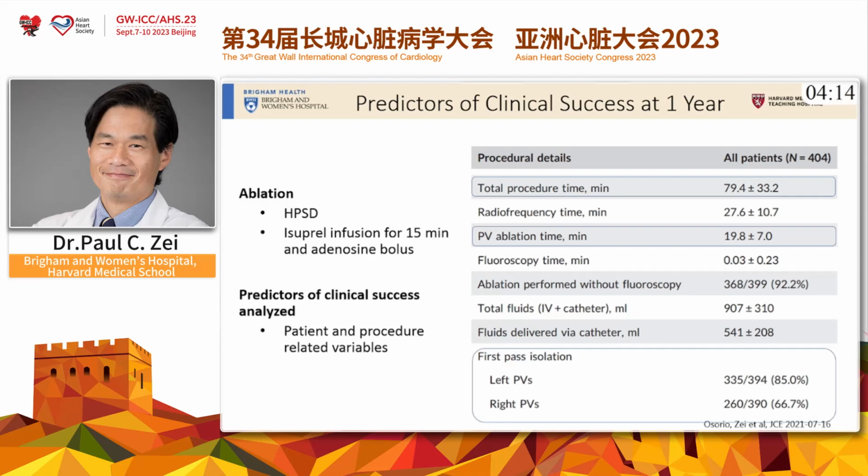One of the first things we looked at was a very simple question: if you're able to achieve first pass vein isolation, what are the determinants of that? What we found, for example, is that use of high power short duration and use of drug challenge relate to first pass isolation. These are the kinds of questions we were asking.